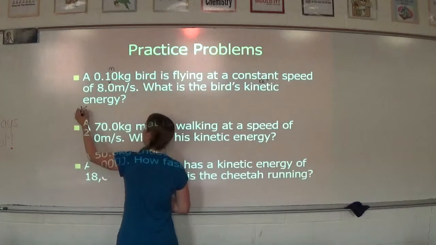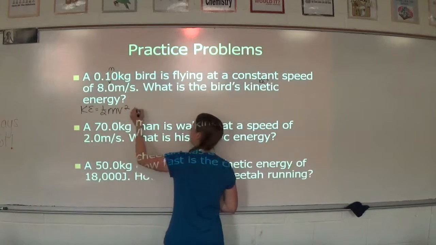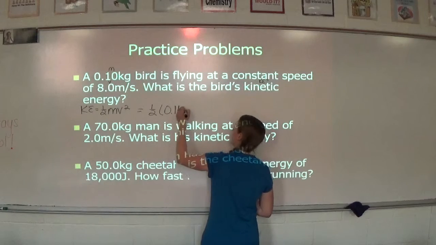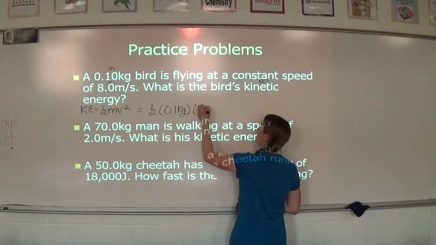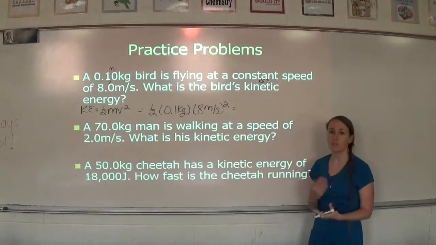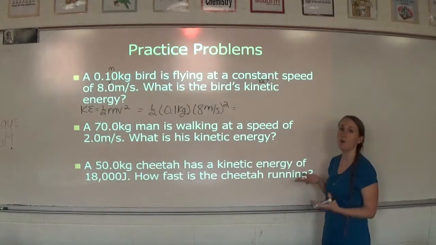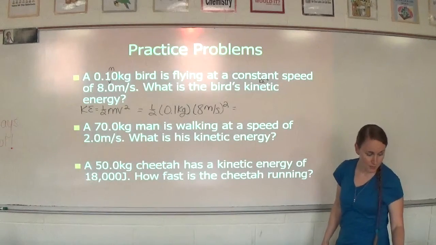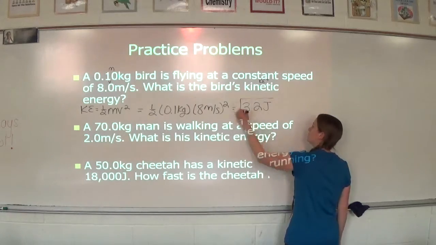KE is 1/2 mv squared, and I just plug in. 1/2, my mass is 0.1 kilograms, and my velocity is 8 meters per second. I'm only squaring the velocity, so if you put it in parentheses when you square it, that will make you only square that one number. Once I solved, I got 3.2, and my unit for energy is joules.